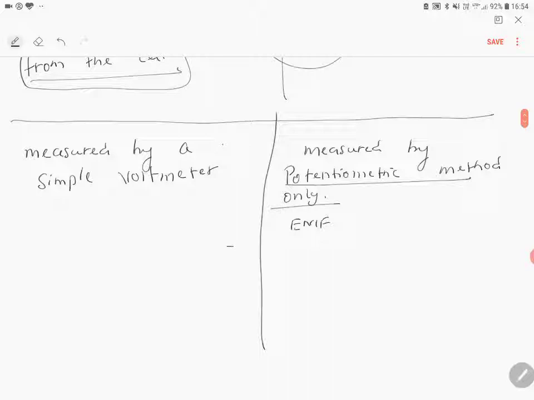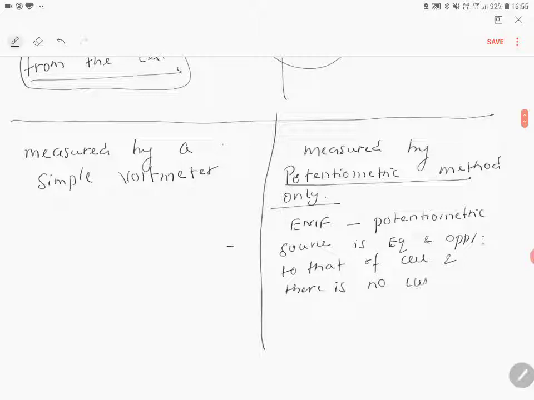The EMF sent by the potentiometric source is equal and opposite to that of the cell, and there is no current flowing in the circuit.